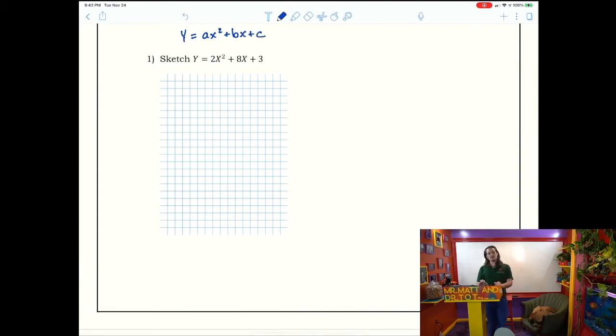When a quadratic equation is in standard form, we can use the b value and the a value to our advantage because there's a specific expression that will give us the x-coordinate of the vertex. Remember that all quadratics are U-shaped, so they're symmetric around some axis of symmetry.